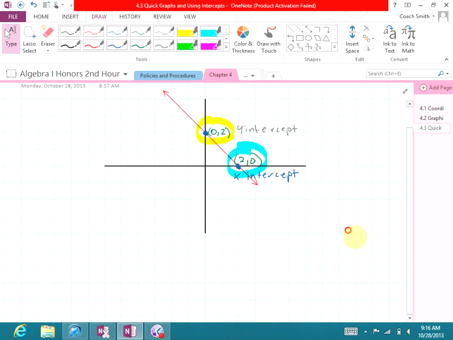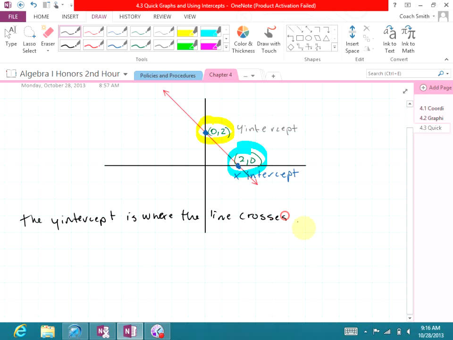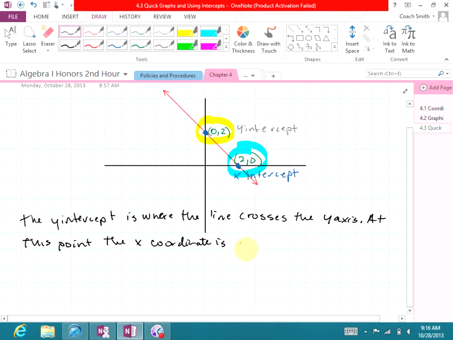Now, the y-intercept is where the line crosses the y-axis. At this point, the x-coordinate is 0.